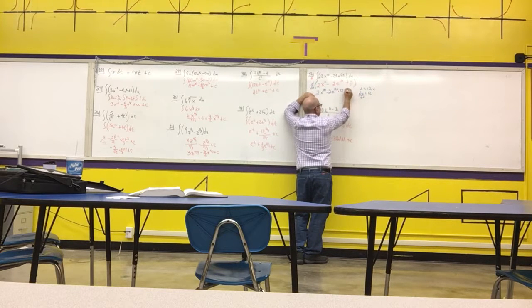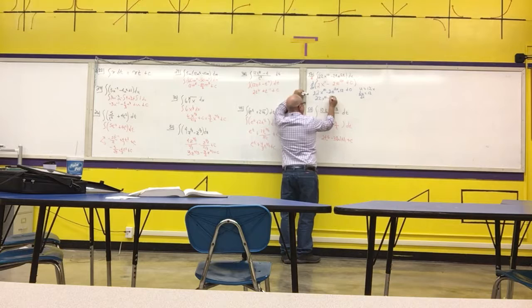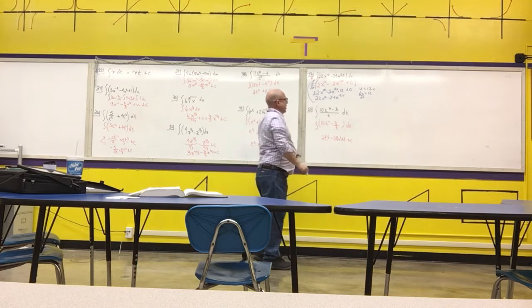And the derivative of a constant is 0. 12 times negative 2 is negative 24. I didn't multiply right. 11 times 2 is 22. So I end up with 22x to the 10th minus 24e to the 12x. And that is, in fact, what I started with.